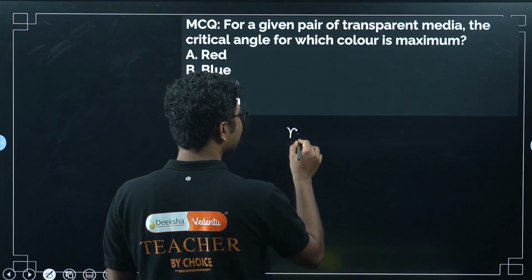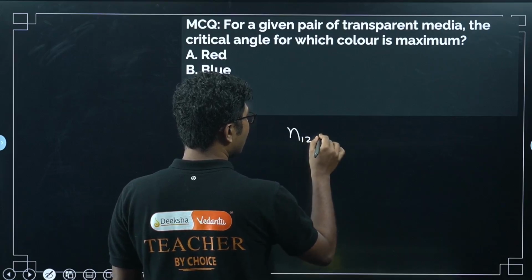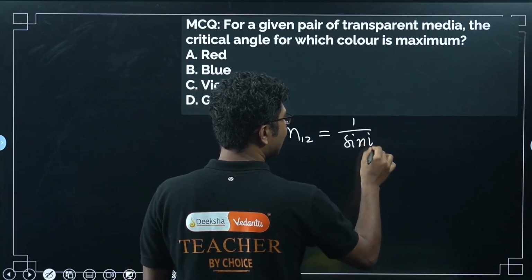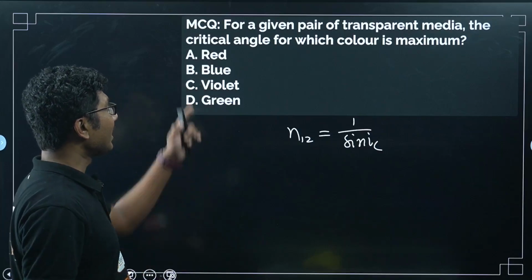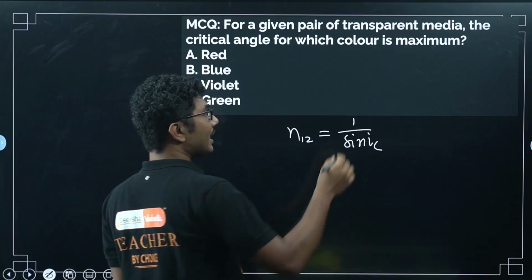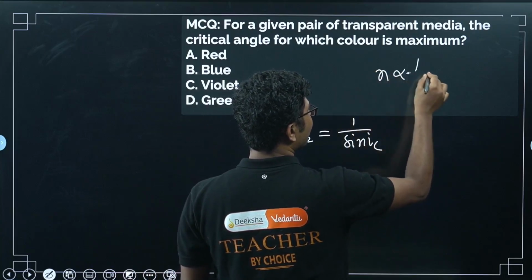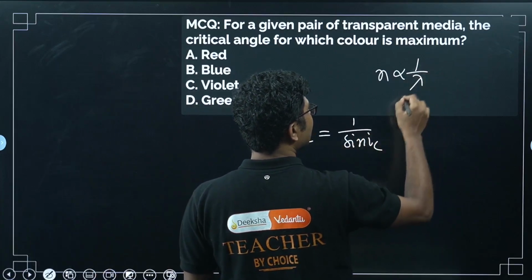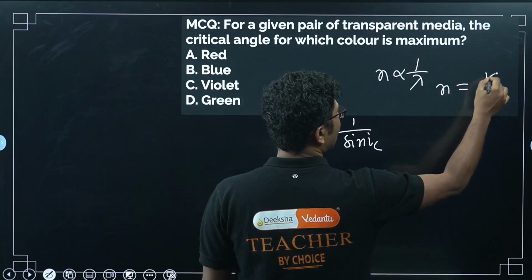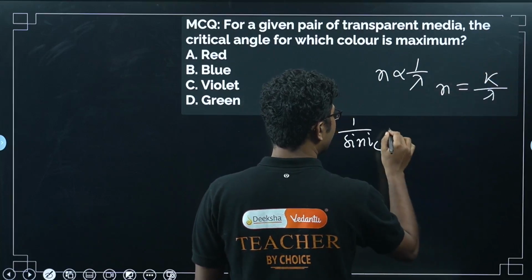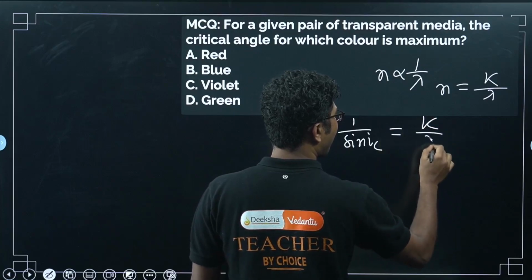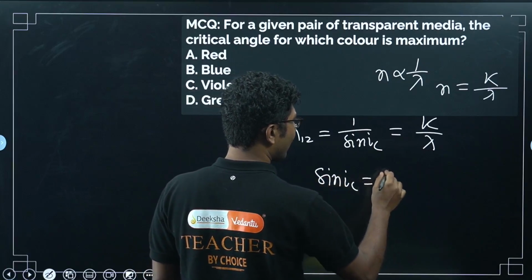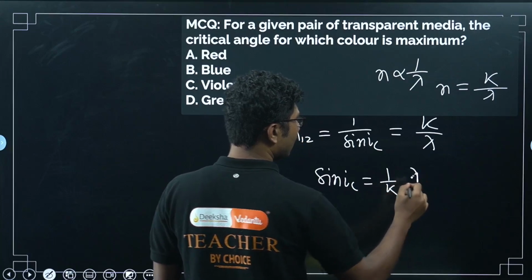So the refractive index of the denser medium, n12, is basically 1 by sine of IC, where IC is the critical angle, right? Now we know that the refractive index is inversely proportional to the wavelength. Suppose the proportionality constant is k, so we can write that sine IC is 1 by k times lambda.